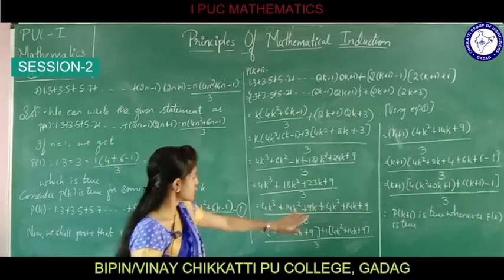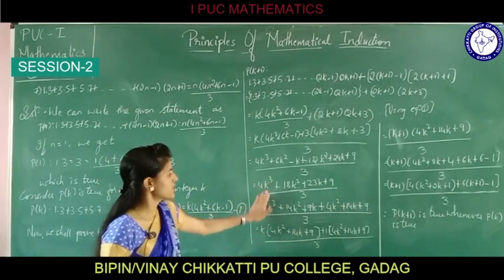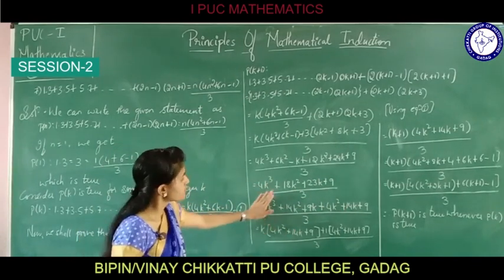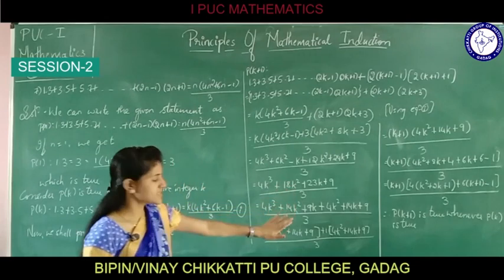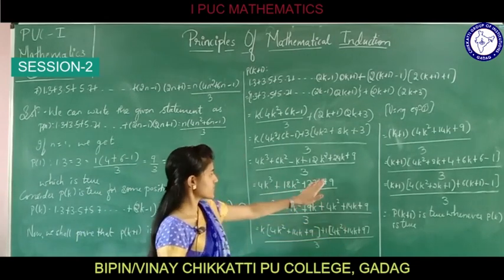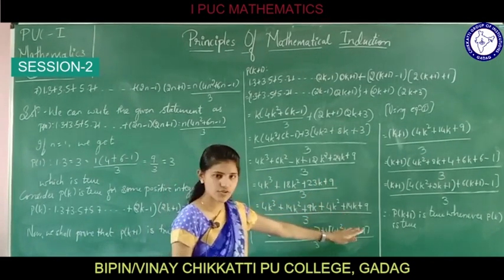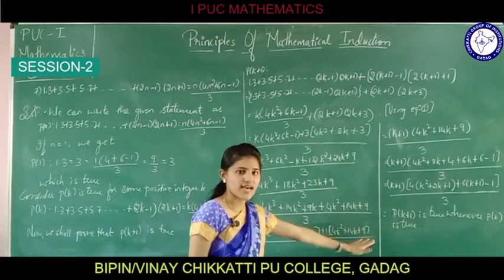This is further split into two terms, that is keeping 4k cube as it is, 18k square can be written as 14k square plus 4k square. Again 23k is written as 9k plus 14k and kept 9 as it is.